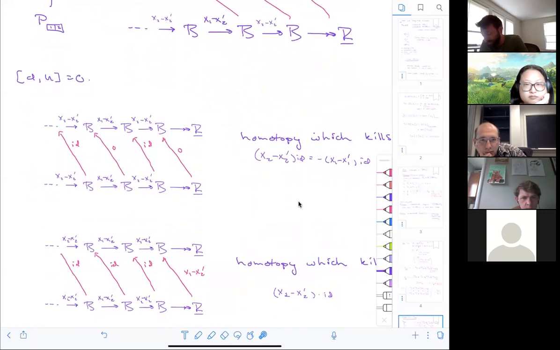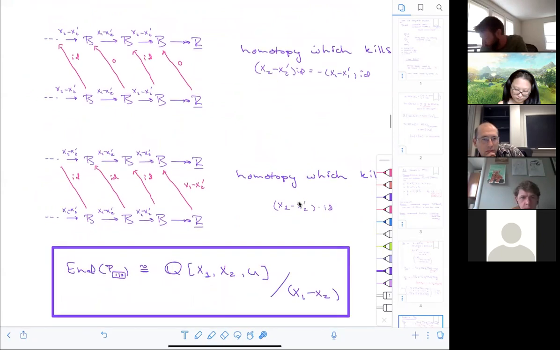So this guy right here is a homotopy, and these notes will be available later, so I don't need to go through all the details here. But this guy here is a homotopy that says X1 minus X2 prime is homotopic to 0. X2 minus X2 prime is homotopic to 0, and that difference is the same as the difference between X1 and X1 prime, and so that guy is also homotopic to 0. This next homotopy tells us that X1 minus X2 prime is null homotopic.